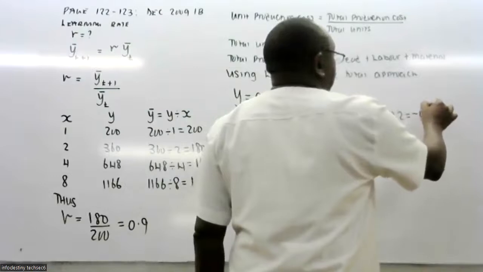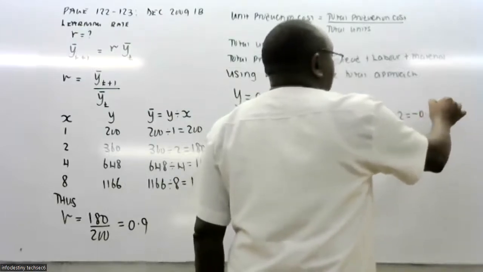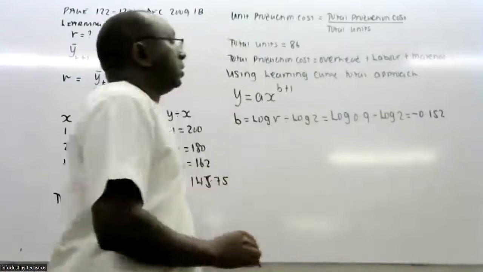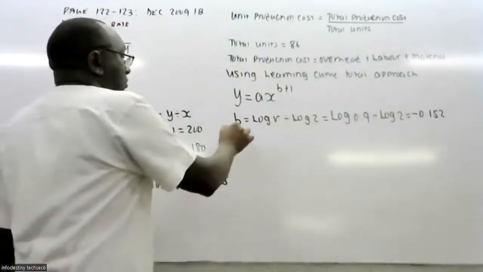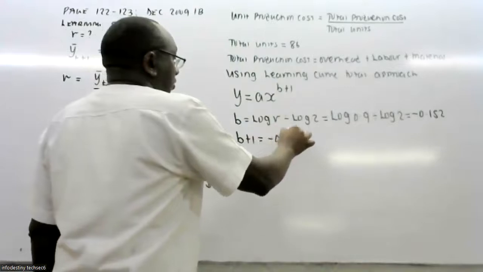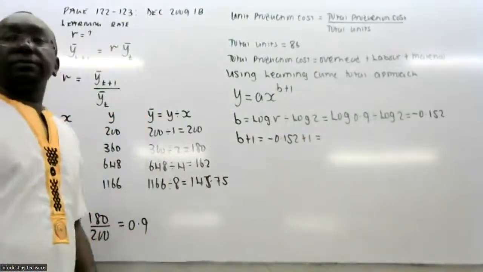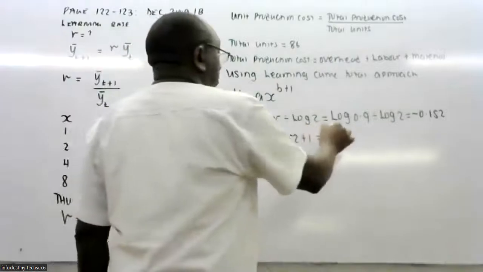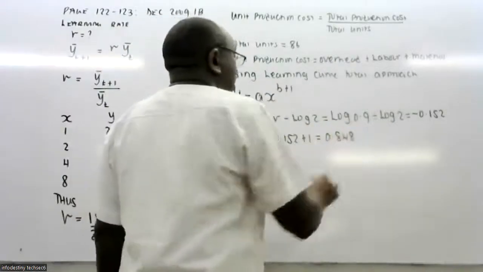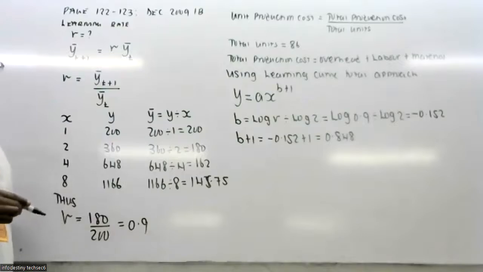Negative 0.152. Good. So now my b plus 1 will be negative 0.152 plus 1, which is 0.848.